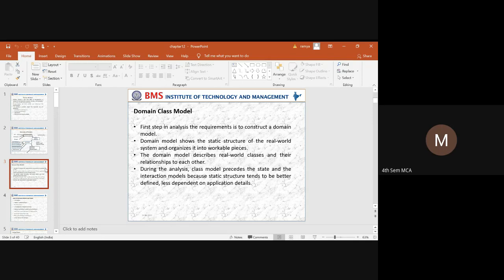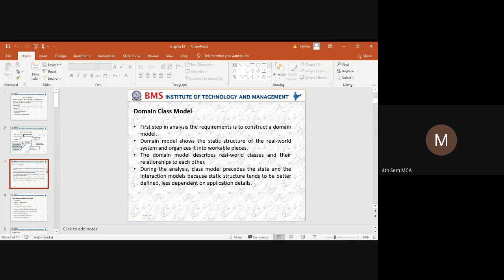Later, after developing a class model, we have a state model that will be preceded by the class model, and the interaction model. We are identifying how a better application can be developed based on a class model.